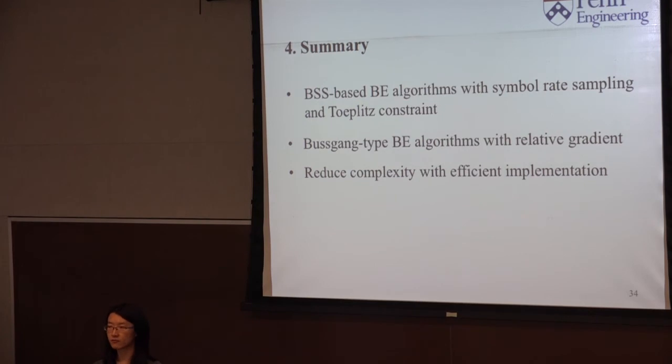So if you start from a longer equalizer, then you construct the equalizer matrix in a certain way, the algorithm still works. But it may take a longer sequence to converge, and the convergence start may not be that good.